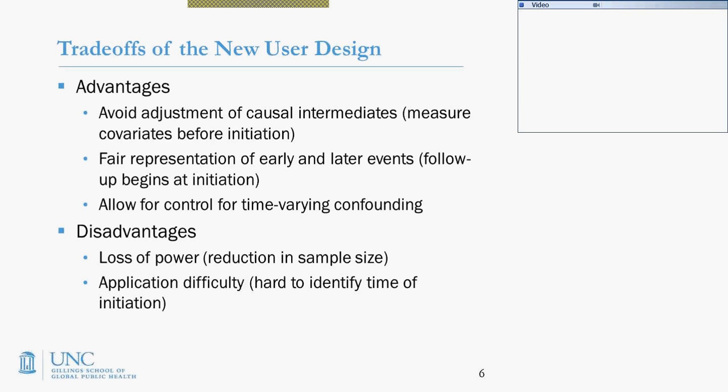There are also some trade-offs. The disadvantage of this new user design is that because of this restriction, you reduce sample size, so you may lose power. Sometimes it's simply hard to apply this design, especially regarding the time of initiation.